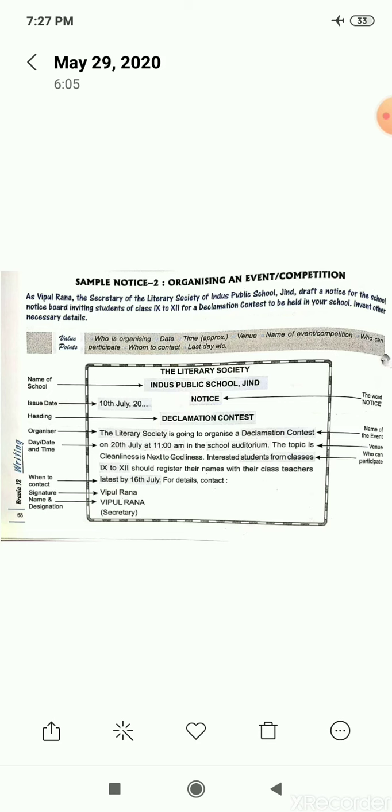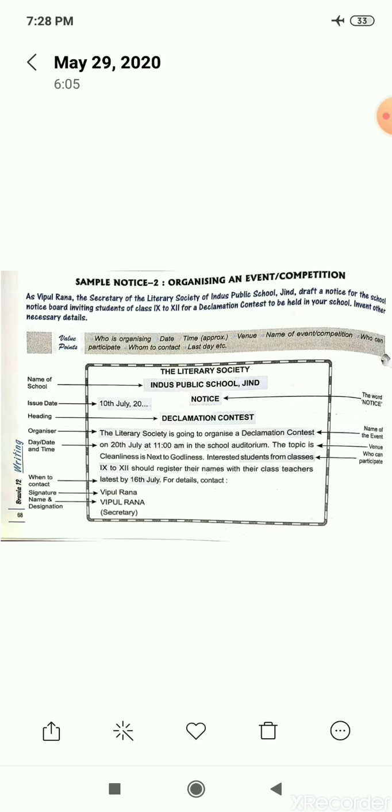So here it is mentioned that the interested students must register their names with their class in-charges by which date? 16th July. Why 16th July? Because in between, 3 days are needed for the preparation of the event. Means how many students would be participating, for the arrangement of prizes, for the writing and filling up of certificates, right?